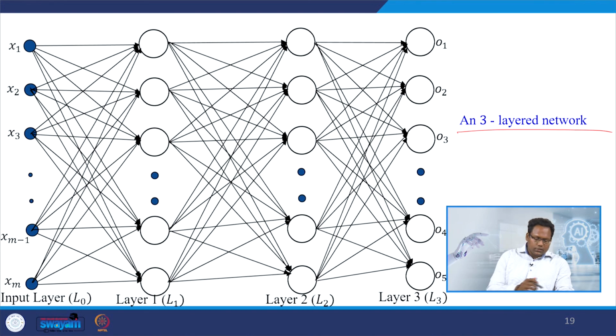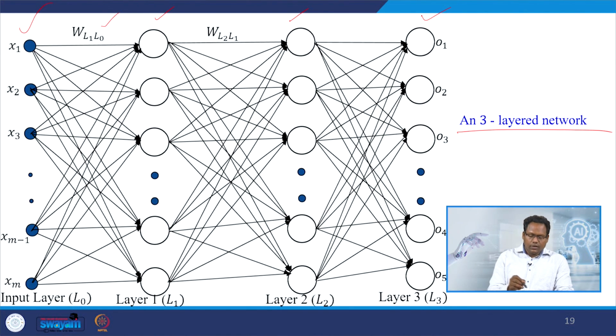So, this network has 1 input layer, 2 hidden layers and 1 output layer, and you can see here the weights connecting the first hidden layer L1 to the input layer L0 is represented by W L1 L0. This is the nomenclature that I give to the weight vector connecting first hidden layer to the input layer.